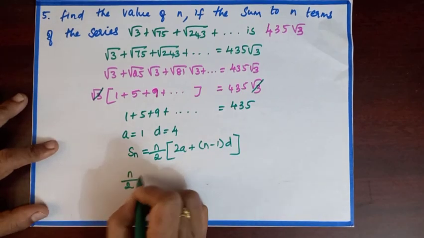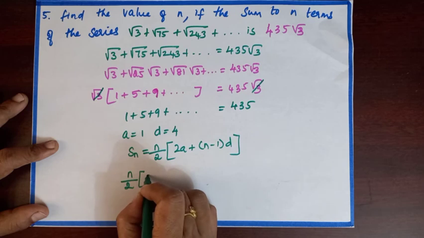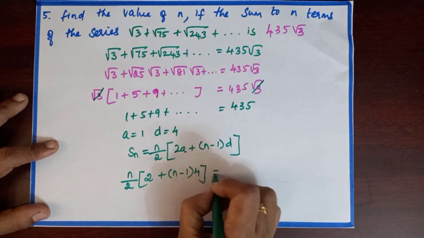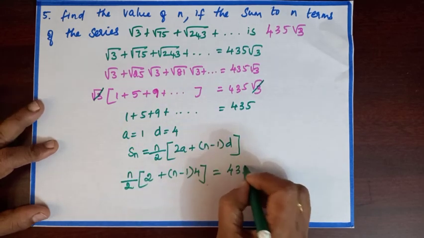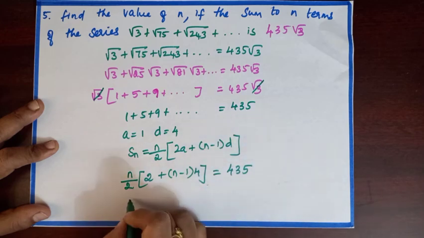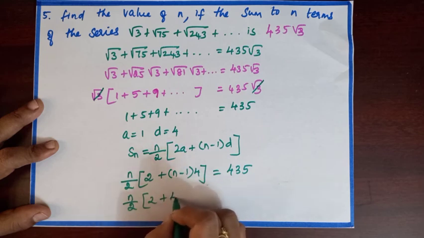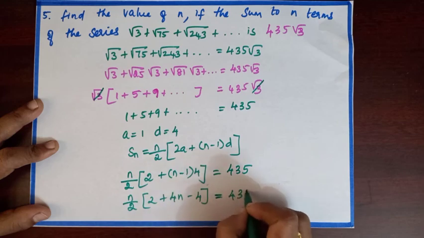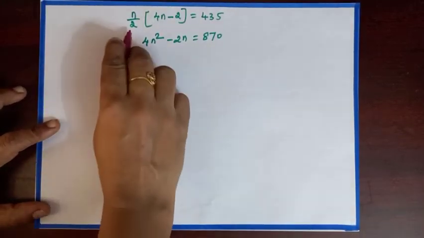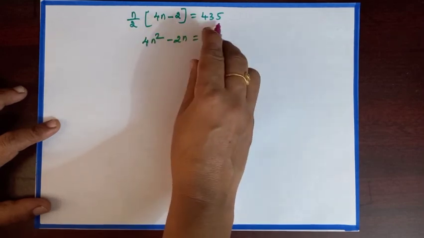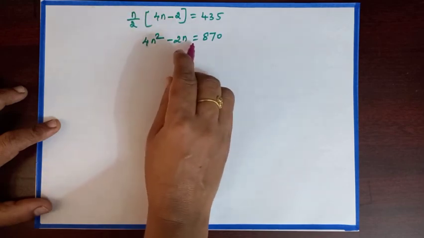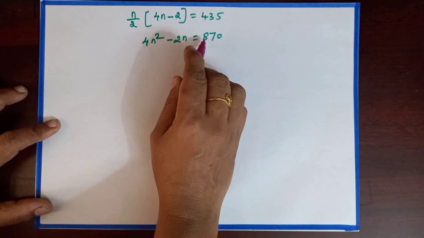n by 2 into 2 into a, a is 1, so 2 into 1 is 2, plus n minus 1 into d, d is 4, which is equal to Sn, that is 435. n by 2 into 2 plus 4 into n is 4n minus 4, which is equal to 435. n by 2 into 4n minus 2 is equal to 435. n into 4n is 4n square minus 2 into n is 2n, equal to 435 into 2 is 870.